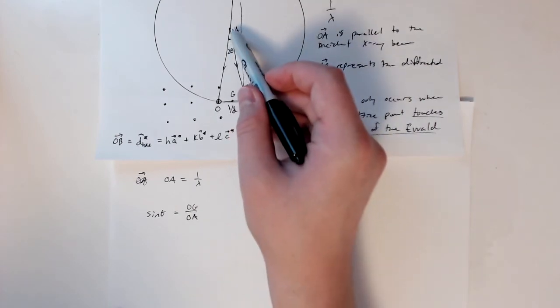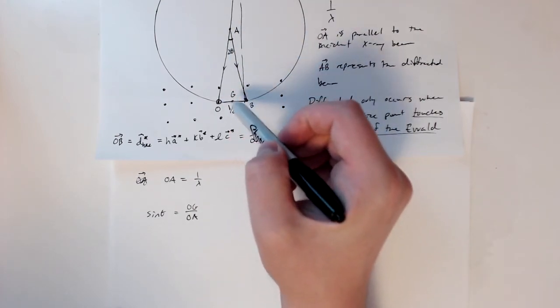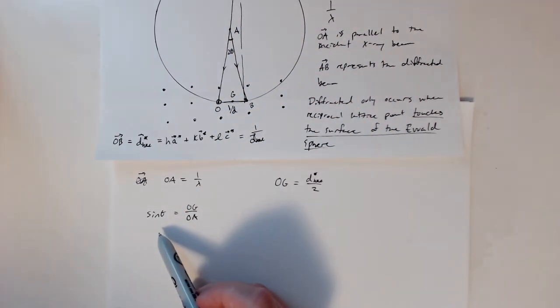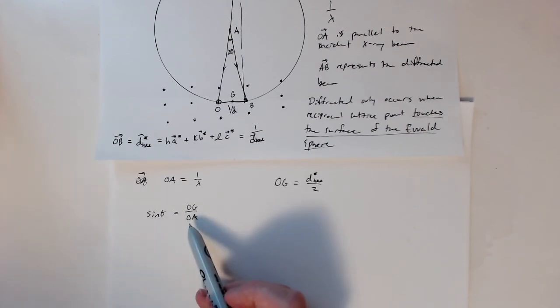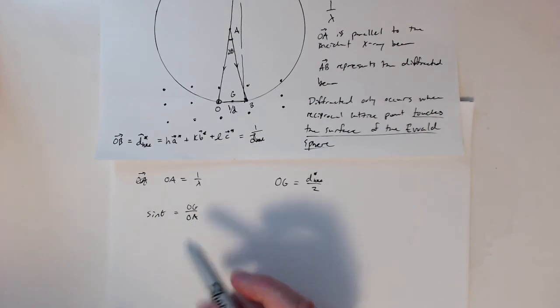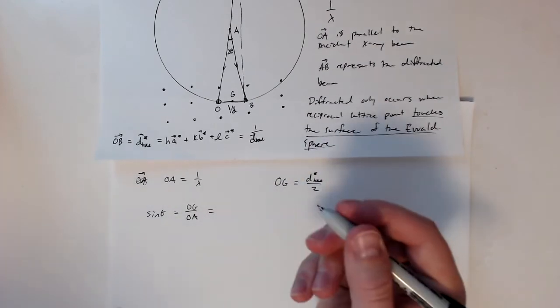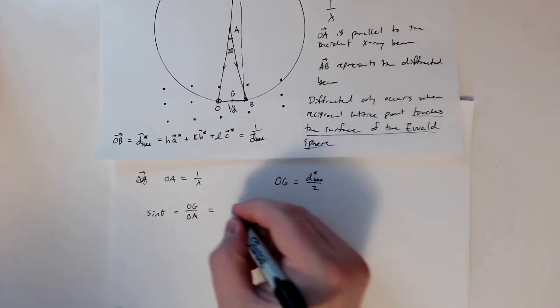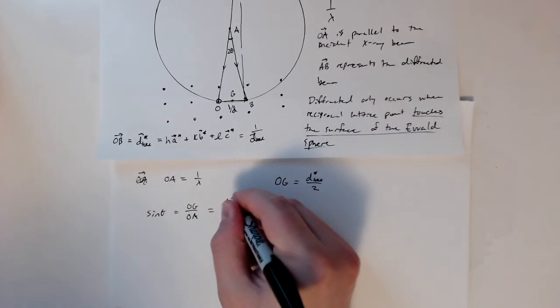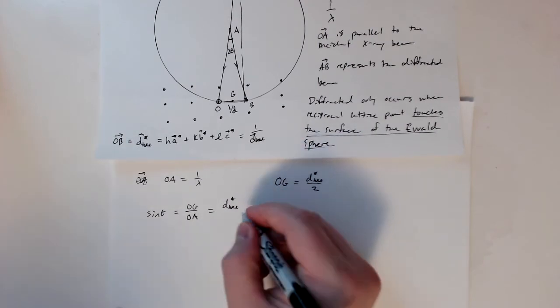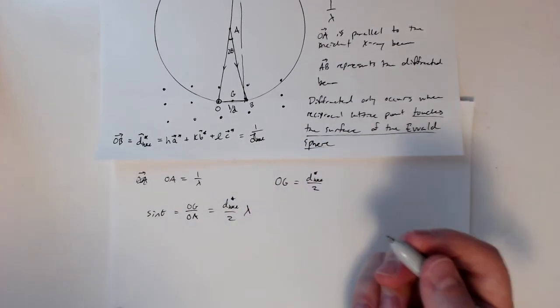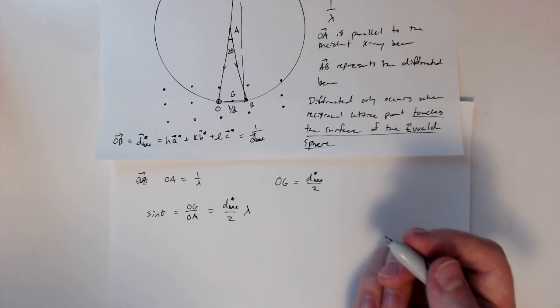So this is A, O, and G, so we can use that triangle and determine that the sine of theta is OG over OA. If we put those together, we get d_HKL star divided by 2 times lambda.